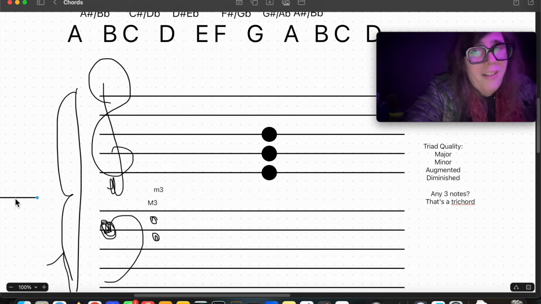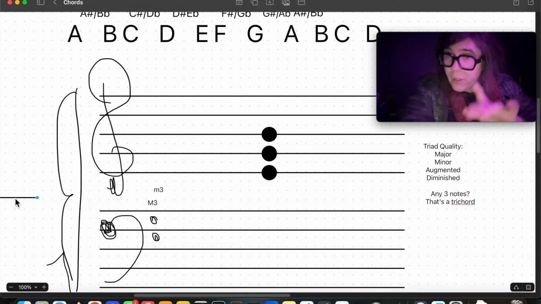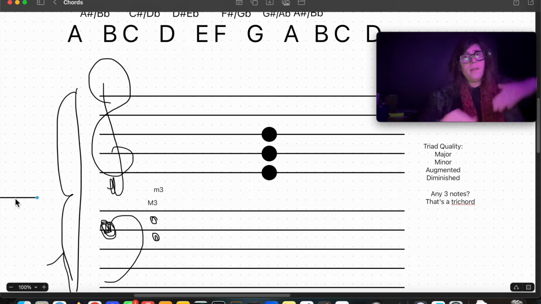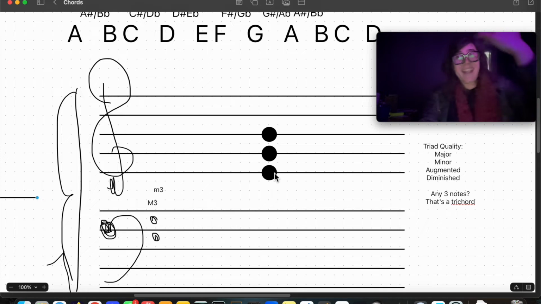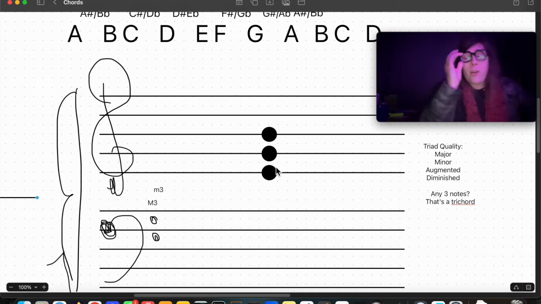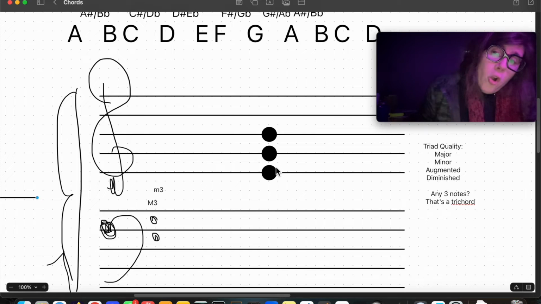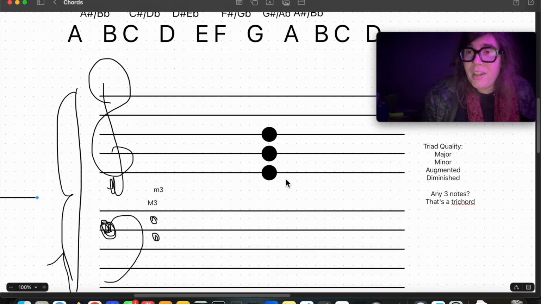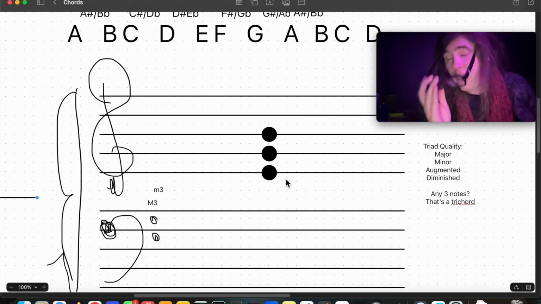What are the qualities of these thirds? They're already in thirds. We know they're in thirds. It starts on the line, and the next line, it's not just some random line up here. It's always consecutive. It's the next line. Okay, definitely in thirds. So let's analyze them. We have E to G and then G to B. Well, E to G. Wait a minute. We said that one earlier.